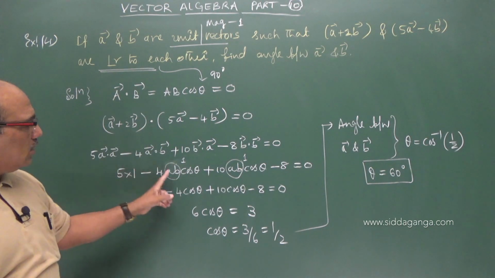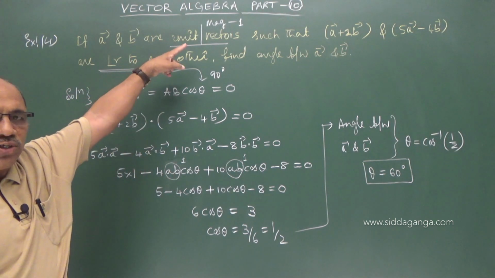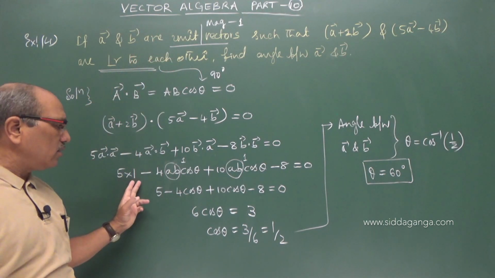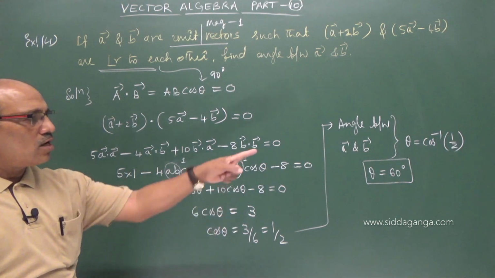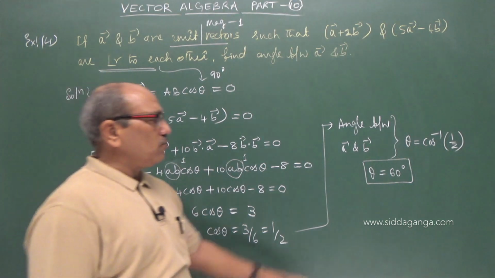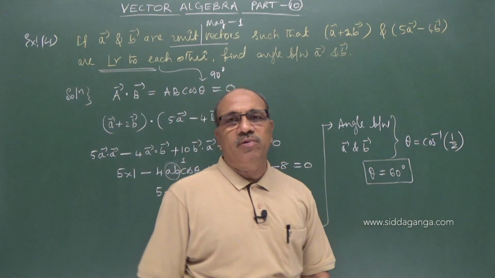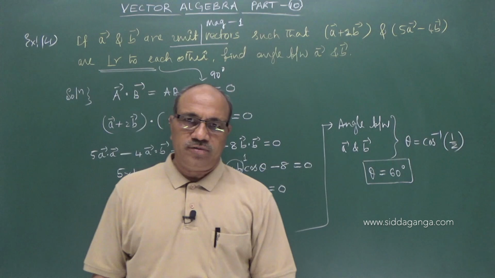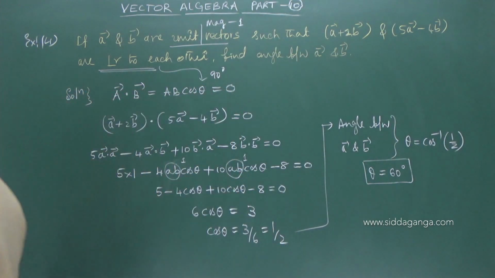A dot A and B dot B become 1 because their magnitude is 1. Simplification leads to cos theta equal to half, therefore theta equal to 60 degrees. The angle between A and B, we got it. So let us see the other.